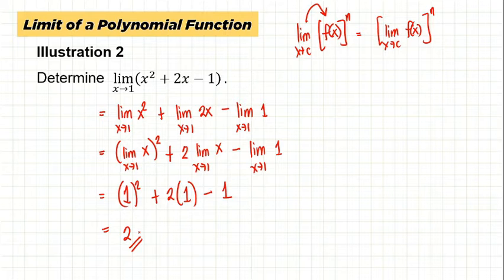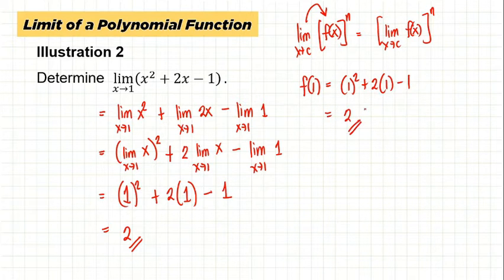Now, let's try to evaluate the function at x equal to 1. We have f of 1 is equal to 1 squared plus 2 times 1 minus 1, and this is equal to 2 also. So in this case, again, the value of the function and the limit of the function are the same.